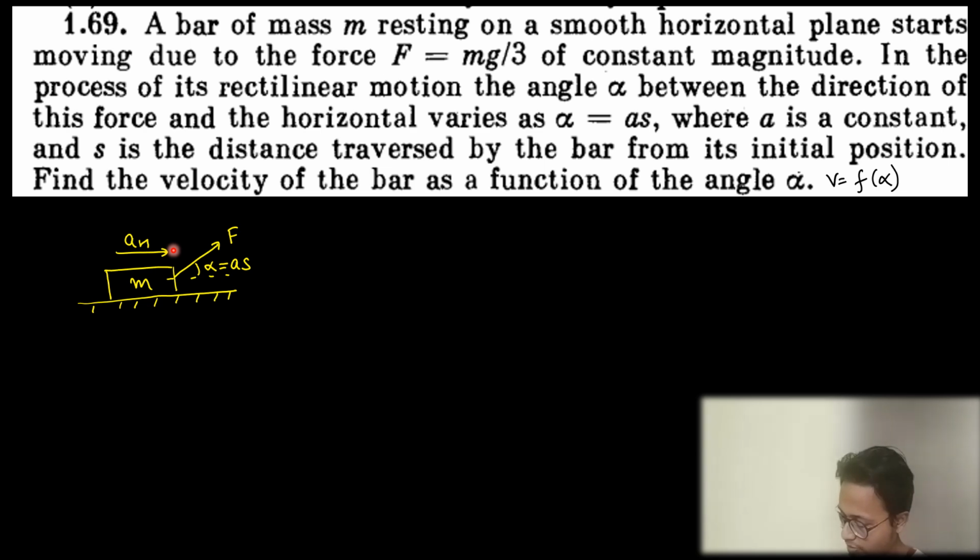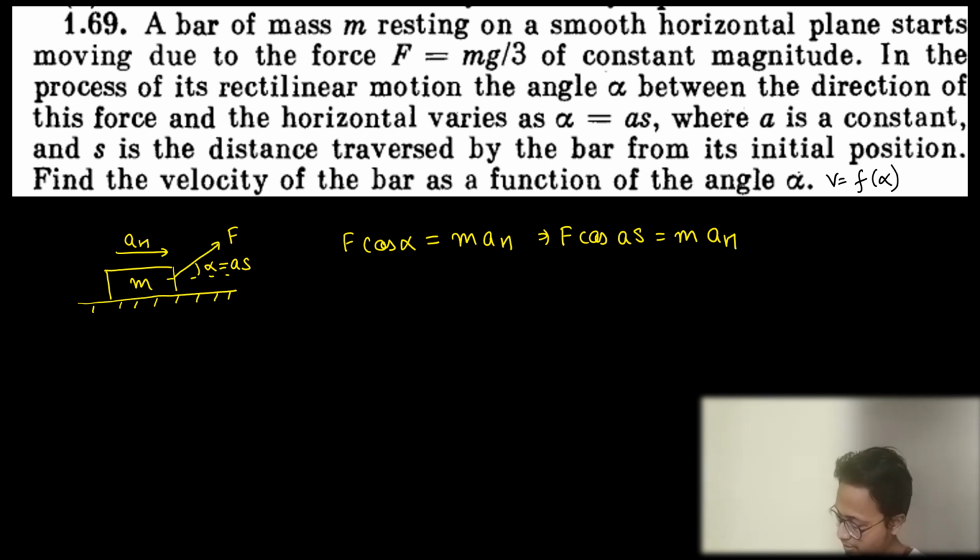So I'm assuming all my movement happens in the horizontal direction. Understood? So F cos alpha is equal to mass into the horizontal component of acceleration.